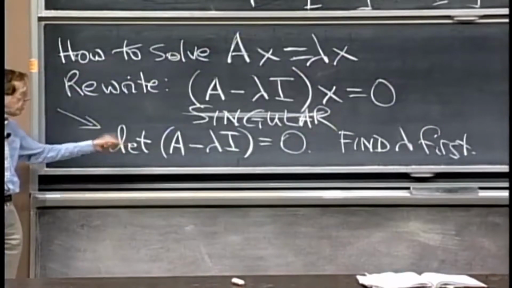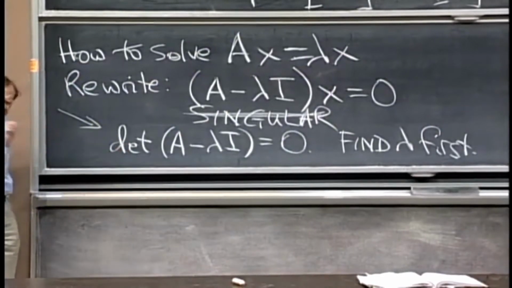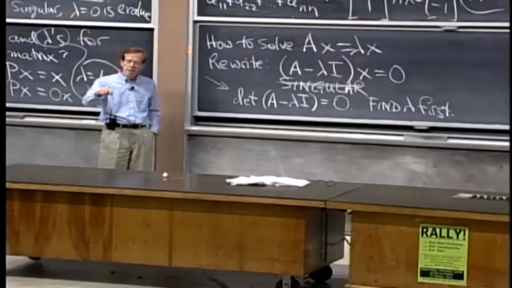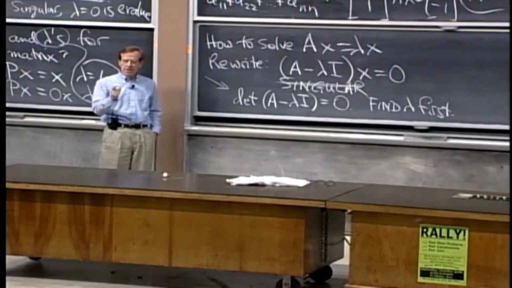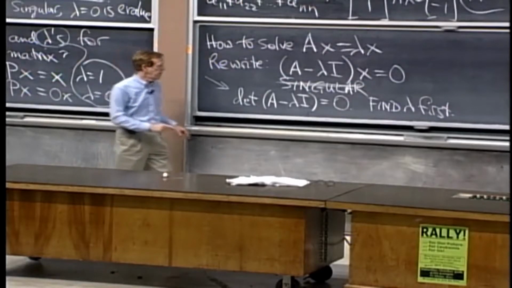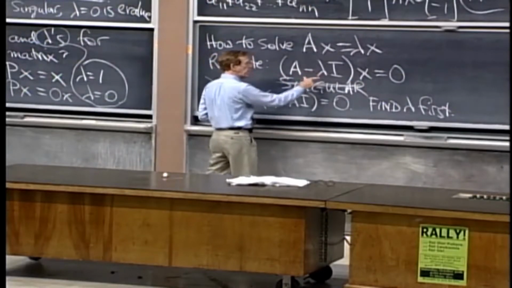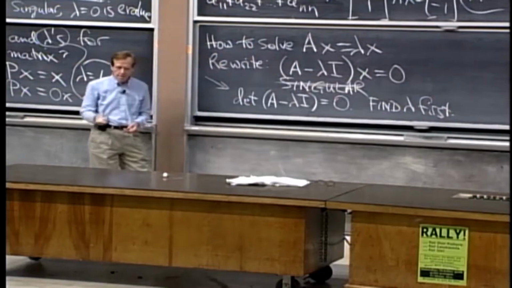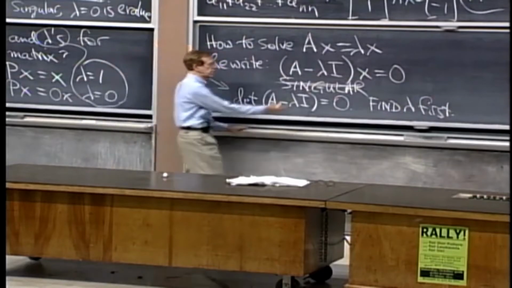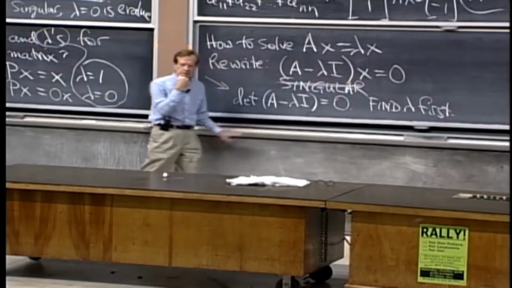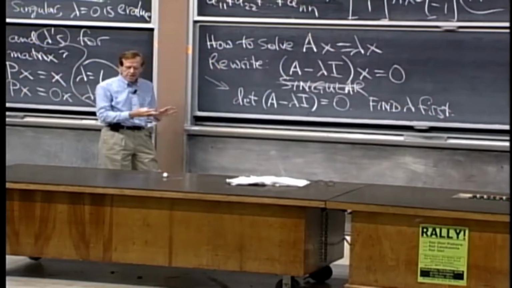Okay, so, after I found this lambda, can I just look ahead? How am I going to find x? After I have found this lambda, the lambda being one of the numbers that makes this matrix singular, then, of course, finding x is just by elimination, right? Now I've got a singular matrix.